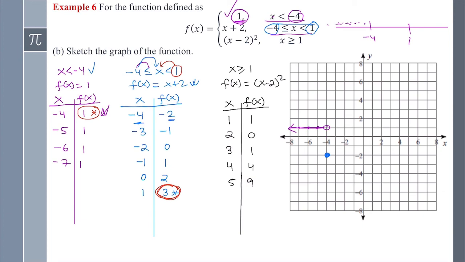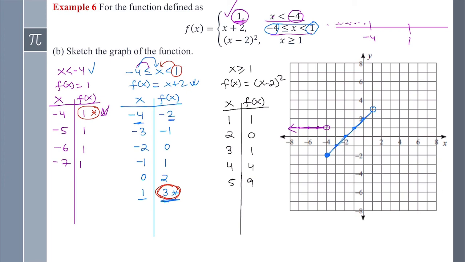When x is -3, the y value is -1. When it's -2, 0; -1, 1; 0, 2. And when I hit 1, it is 3, but I cannot include that on the graph, so I'll put an open circle there. That means the graph for the middle piece is this line from here to here.